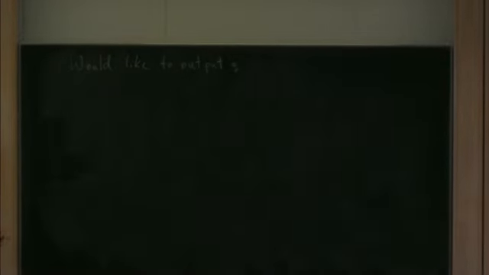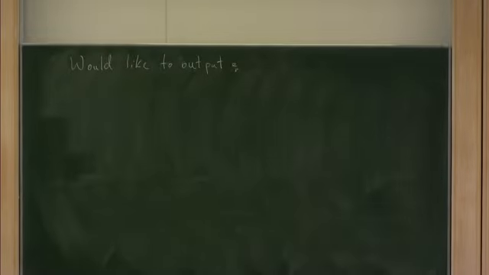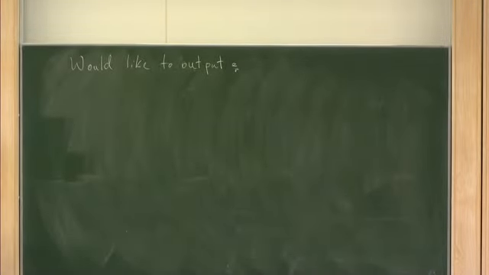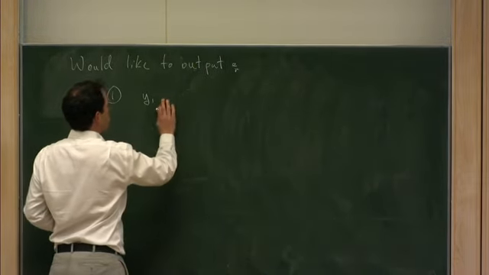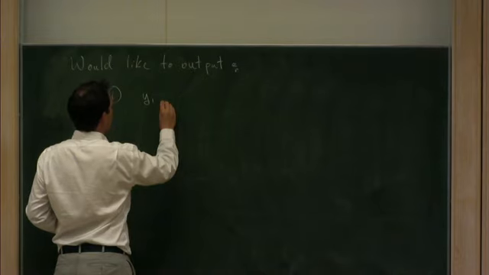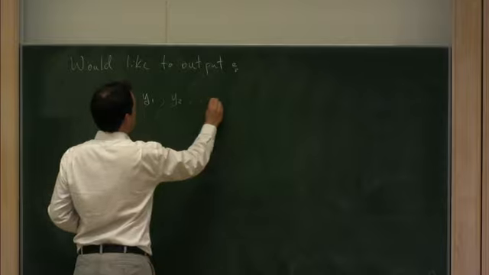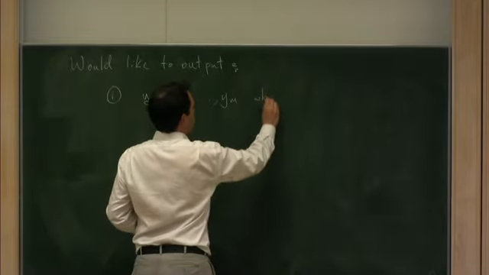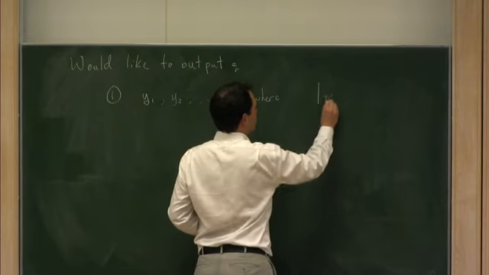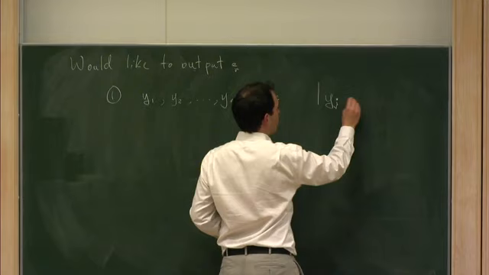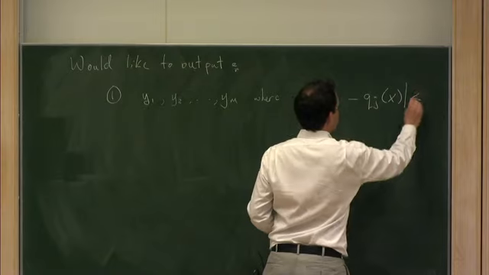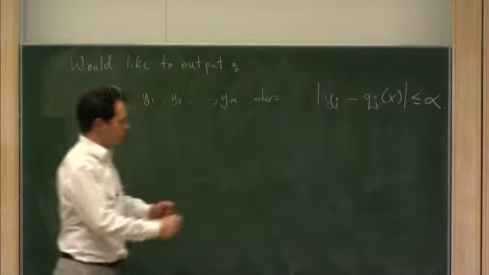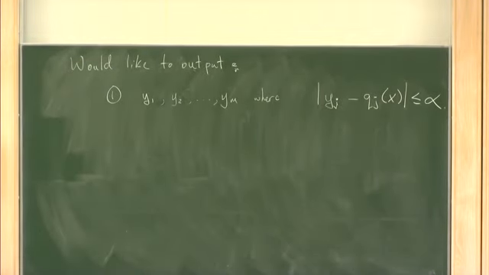A very simple thing I might want to output is just a list of answers to all these possible questions. So I want to be able to output y1, y2, up to ym, where the difference between yj and the actual answer to this query is at most some error tolerance, which we'll call alpha.